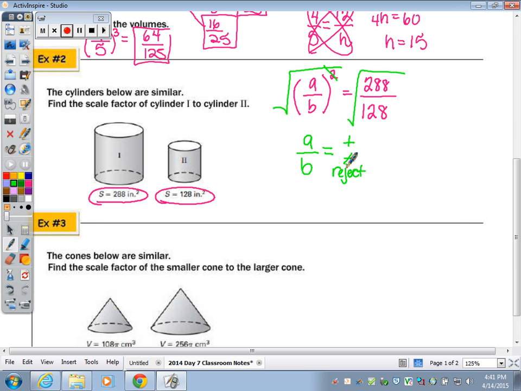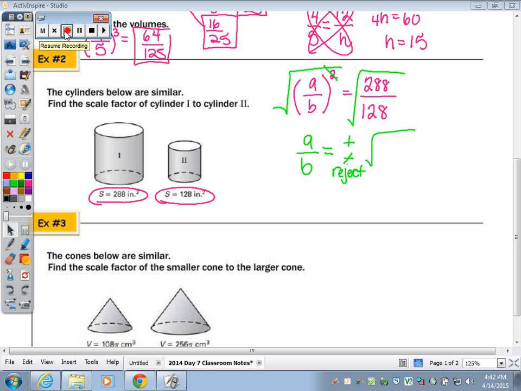And then I'm going to take the square root of 288 over 128. Now 288 over 128, those two numbers are not a perfect square. So if I can reduce those two numbers, or reduce the fraction, I can see if I can possibly get two numbers that are a perfect square.